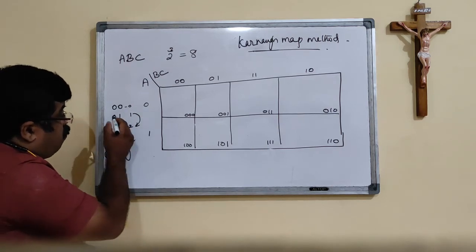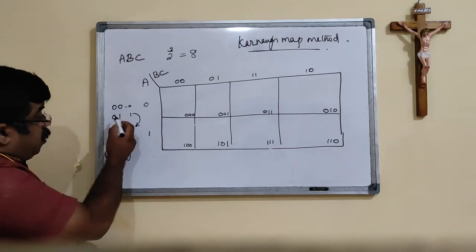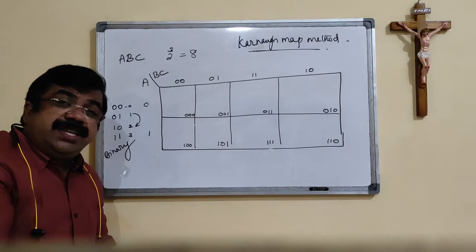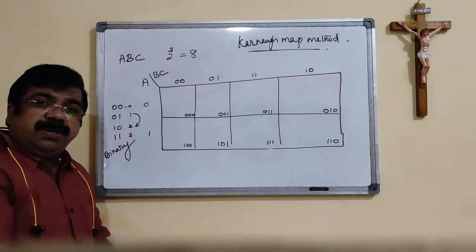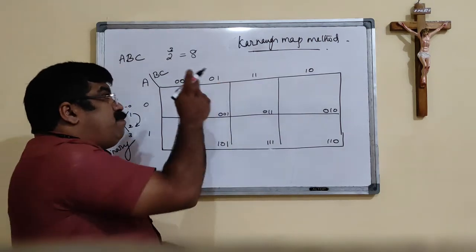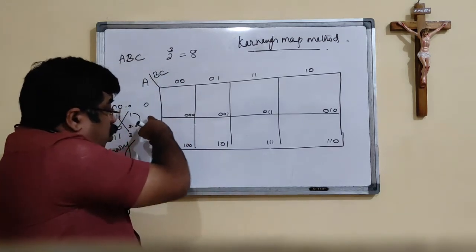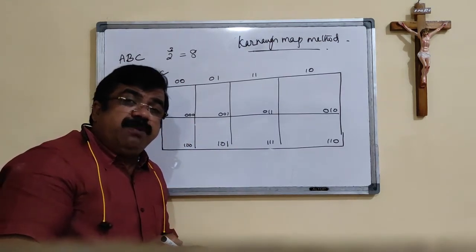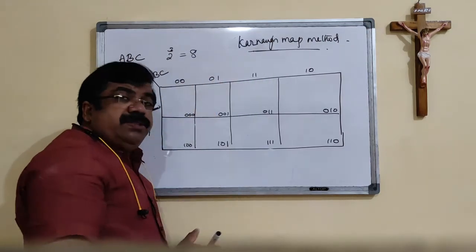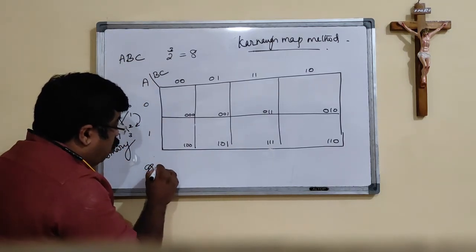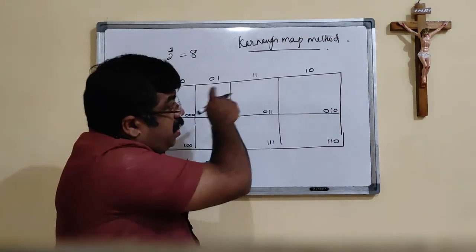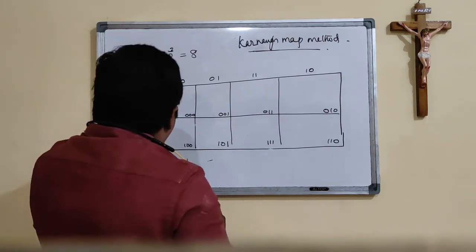But when we move from 1 to 2, this 1 became 0 and the 0 became 1. Two changes have taken place. That is not allowed in a Karnaugh map. When we move from left to right or top to bottom, only one variable is allowed to change, and that kind of numbering system is known as Gray code. So we are following the Gray coding system in that numbering.